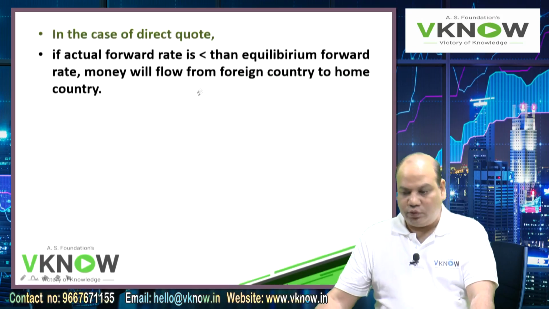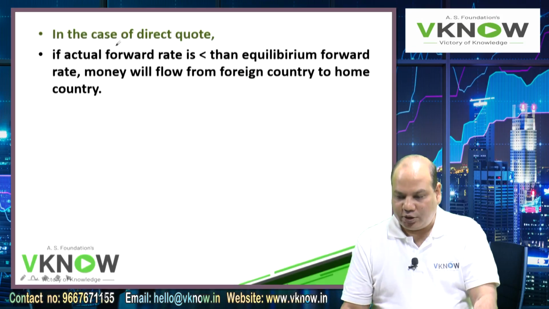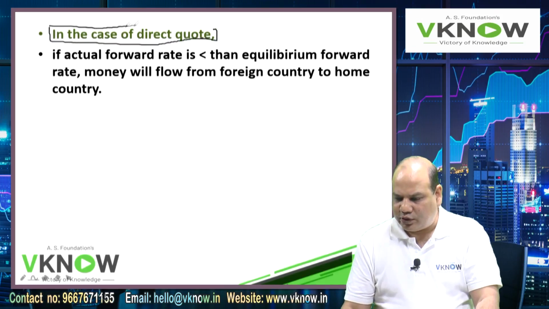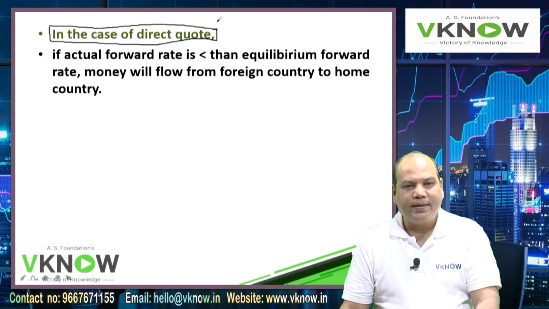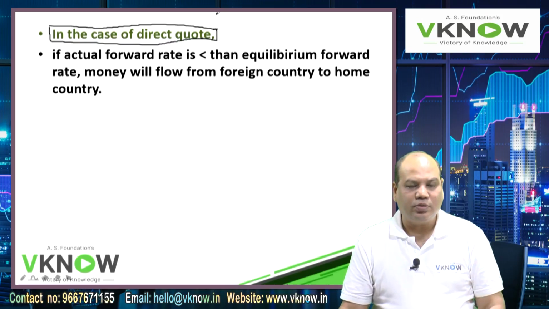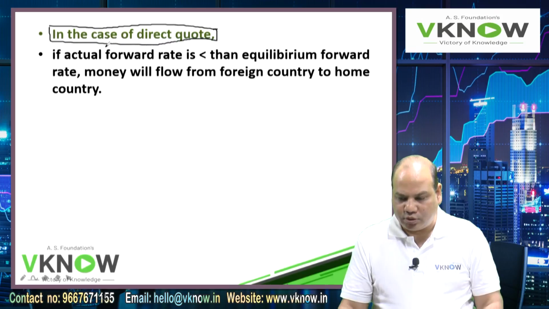Now I am going to give you some very important points for exam purpose. Suppose direct quote is given and the question is asking you whether arbitrage is possible or not. Very typical question in the exam, whether arbitrage is possible or not.